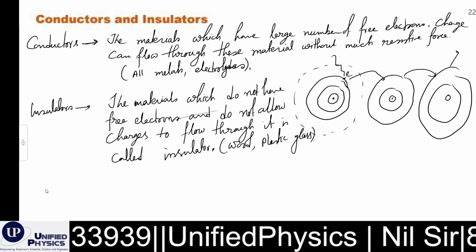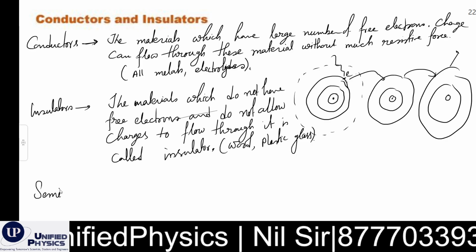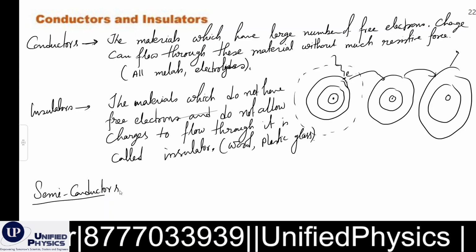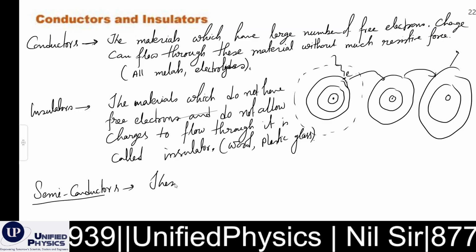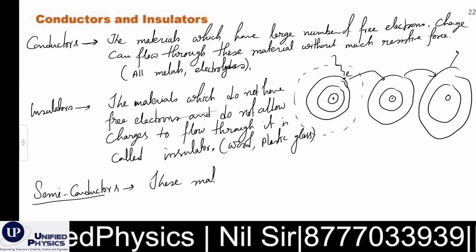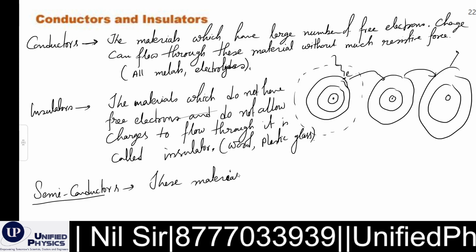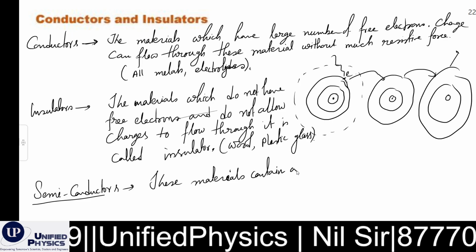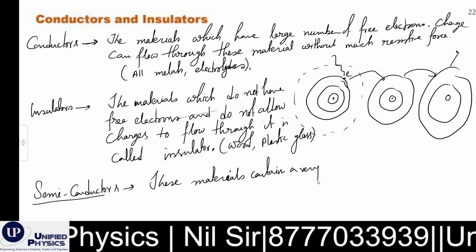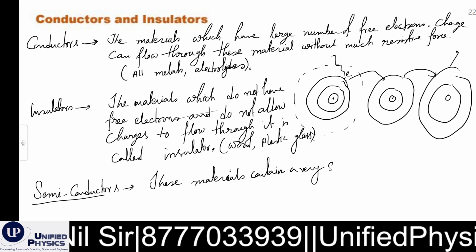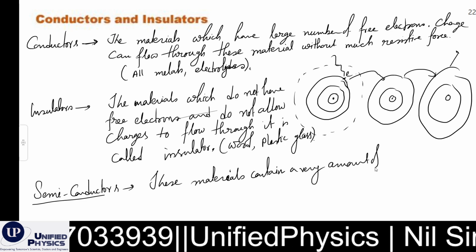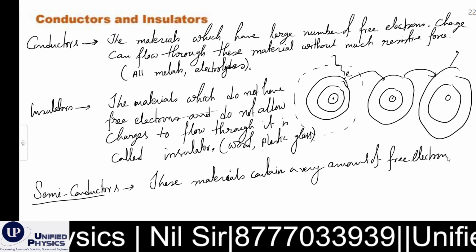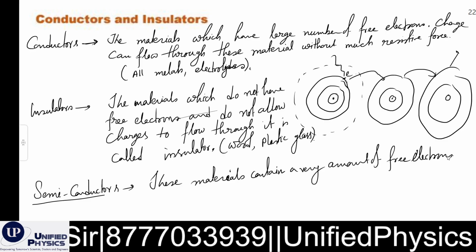And another type of material is called semiconductor. This material contains a few amount of free electrons.